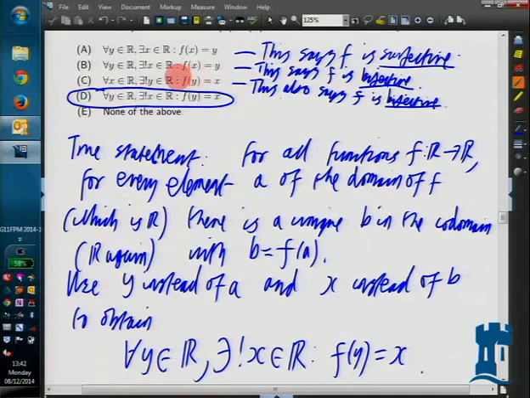You can swap x and y here freely and it makes no difference to the statement. So I've got one that says it's surjective, two that say it's bijective, and one that says it's a function.